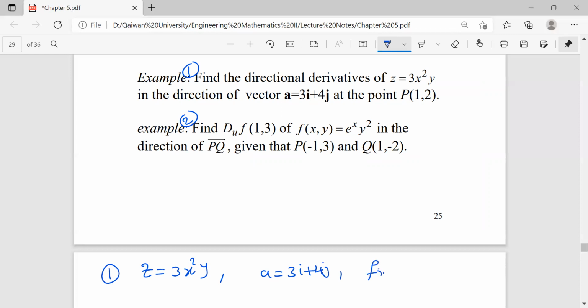It says find the directional derivative duz at 1 and 2. In finding the directional derivative, we must have two things: a function and a unit vector. But here we are given a vector, which is not a unit vector. We must find the unit vector from it.